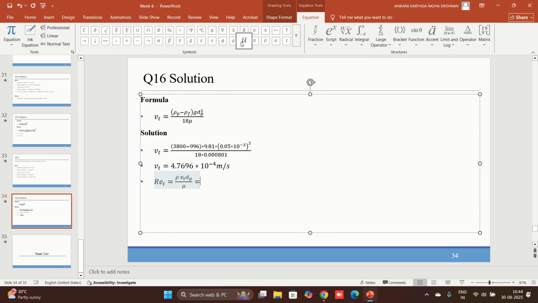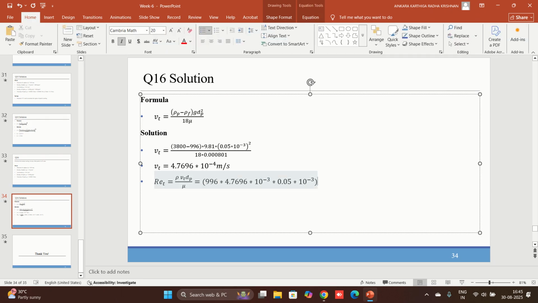Rho is 996 into V_t, which is 4.7696 into 10 power minus 3, it won't be 10 power minus 4 anymore, into d_p which is 0.05 into 10 power minus 3, divided by 0.000801.